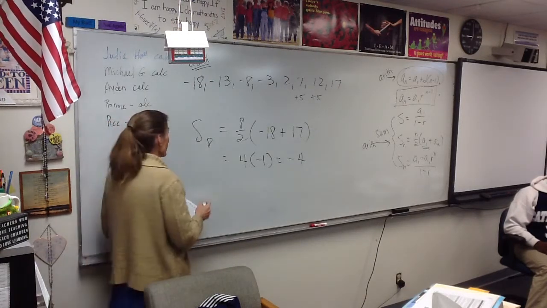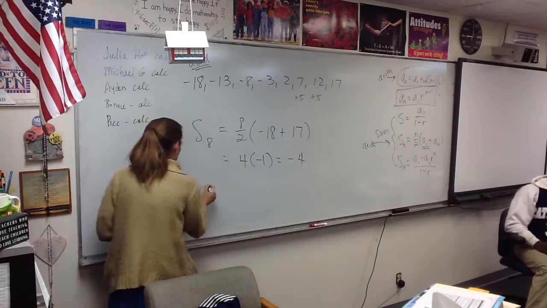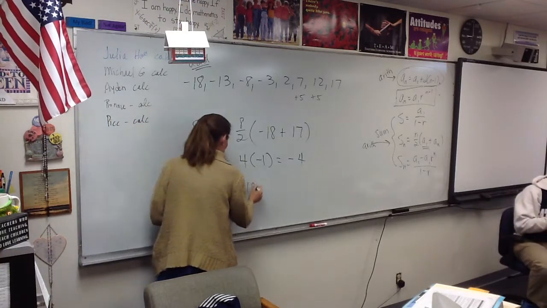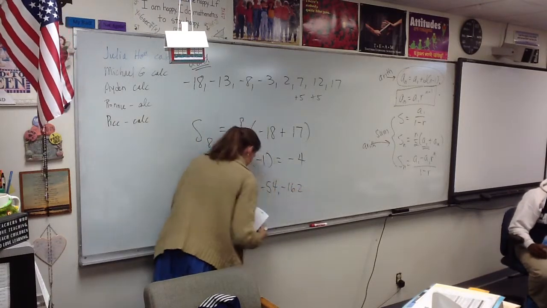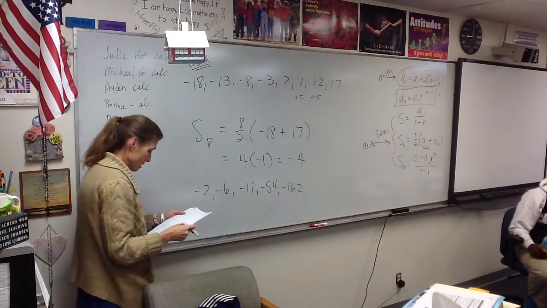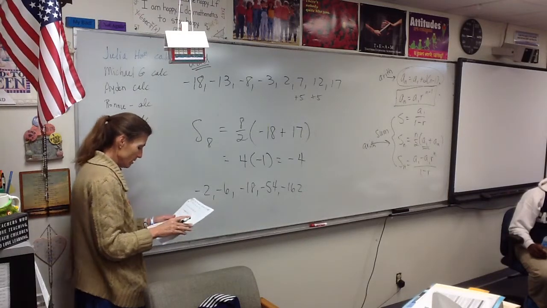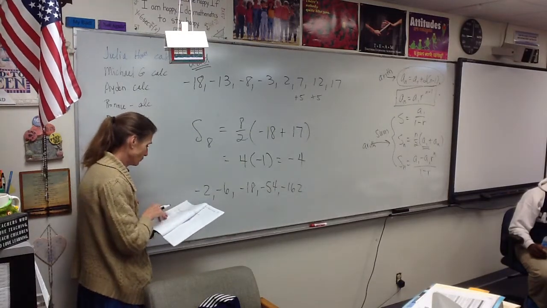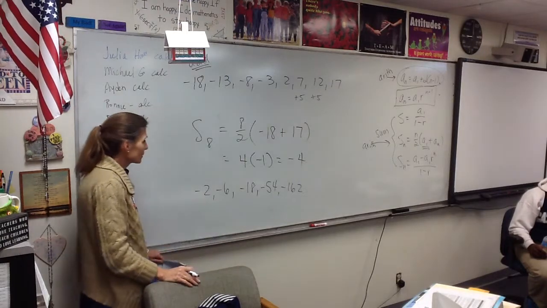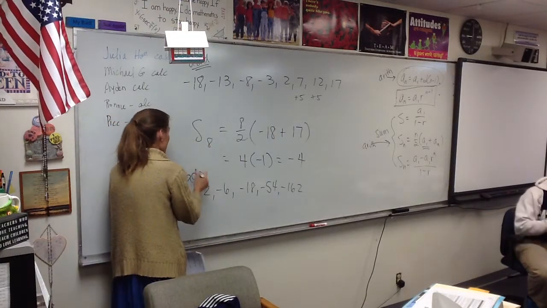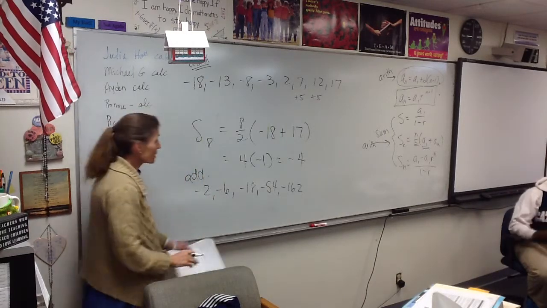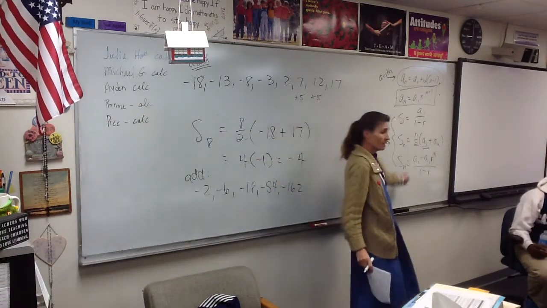Let's look at the next one. All right? Now, the directions say add them up. We're going to add all these, okay? So we are going to be using an S formula.